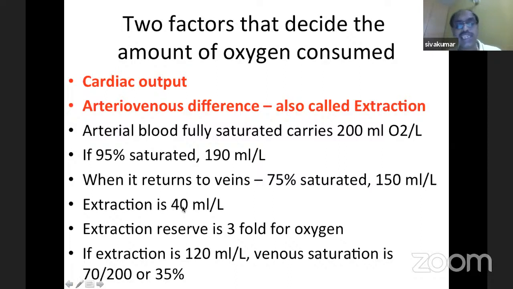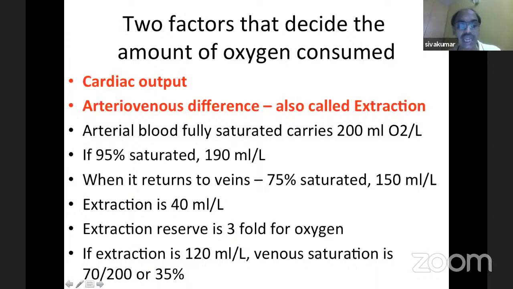What is called extraction reserve is the amount to which this extraction can be increased. In normal human beings, the extraction can be increased up to 3 times. That means 40 ml can be made 120 ml. When the extraction goes to 120 ml per liter, the venous saturation will be as low as 35%.